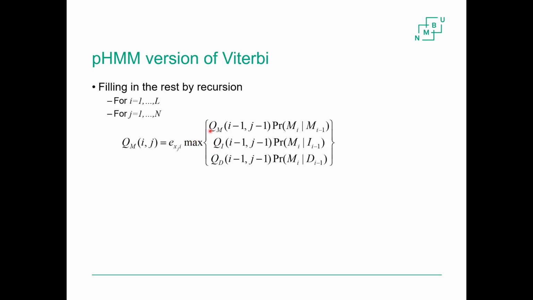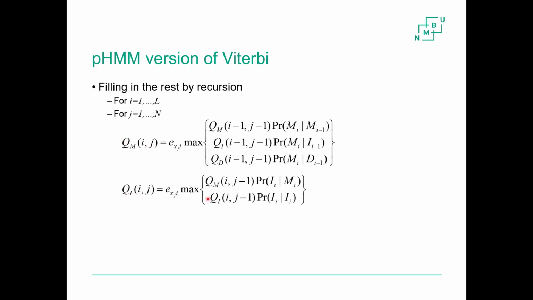Because you're only interested in the maximum of these three numbers. These will be three values, right? And you take the maximum and multiply by the emission probability for symbol number j, symbol xj. And then you get the next value in this matrix.